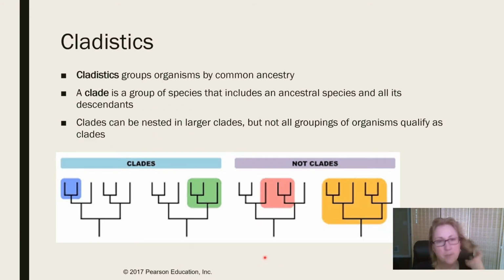Cladistics is a specific way of using the information in phylogenies and drawing phylogenetic trees. In cladistics, we want to group organisms into named taxa that include every descendant of a particular ancestor.